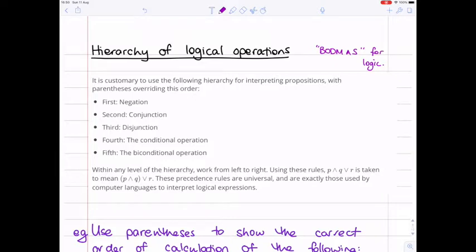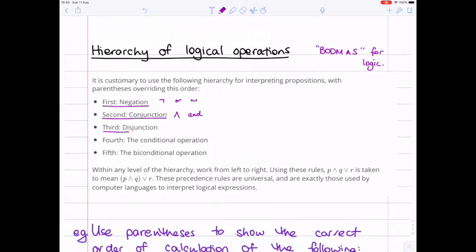So here's how we order things. The very first thing that you do if you've got a sentence in logic is first negation. Okay, so if you see a not or a tilde, deal with that first. Then the second thing that you're going to look at is conjunction. So remember, this is our and.